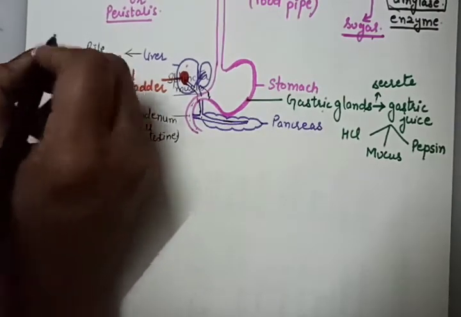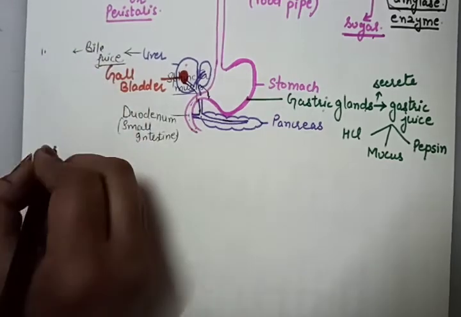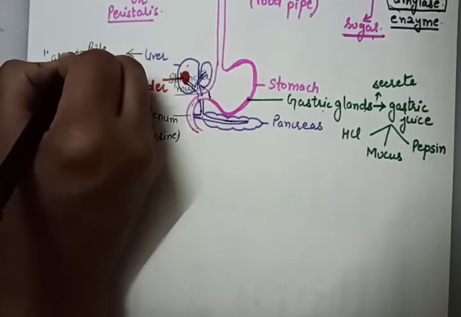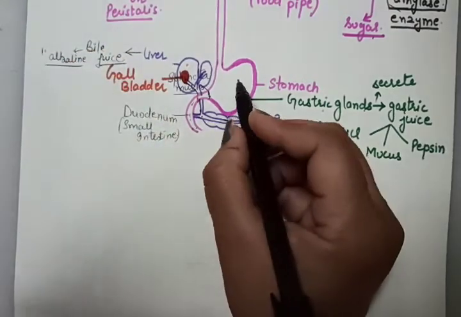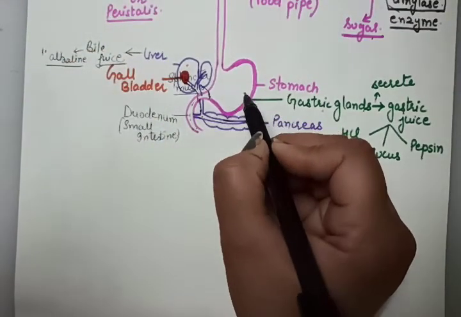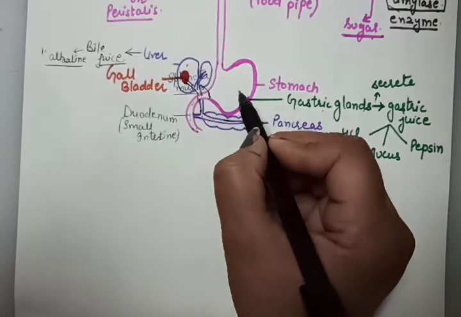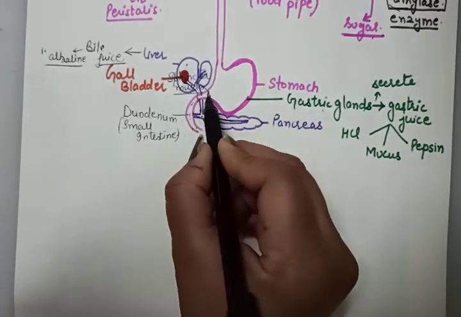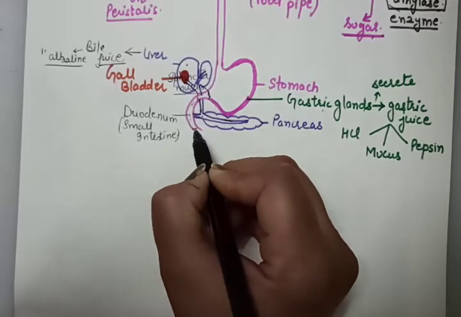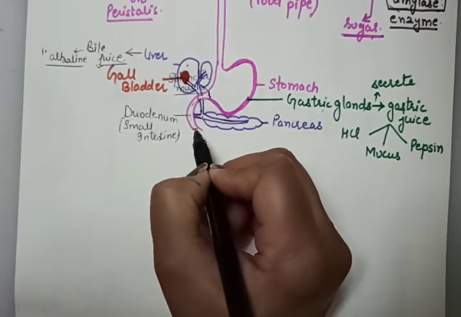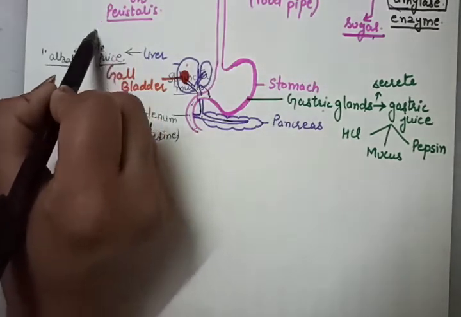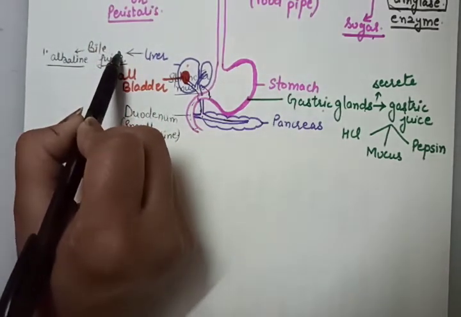Number one, it makes the medium alkaline. Alkaline means basic. The food that is coming from the stomach is coming from the acidic medium. Here the HCl is there. Now the food enters the small intestine. Now the medium becomes alkaline or basic due to this bile juice.